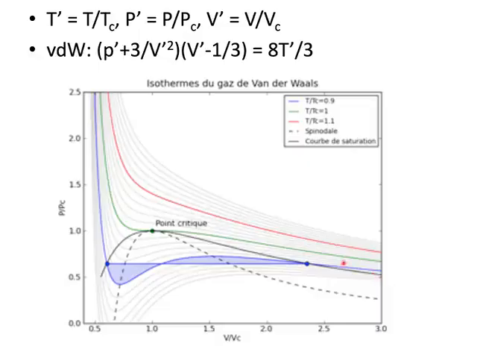We can calculate this coexistence line by requiring that the area connecting the gas side and the liquid side of the phase diagram, between this straight line and the isotherm, is the same above as the area here between the straight line and the isotherm.